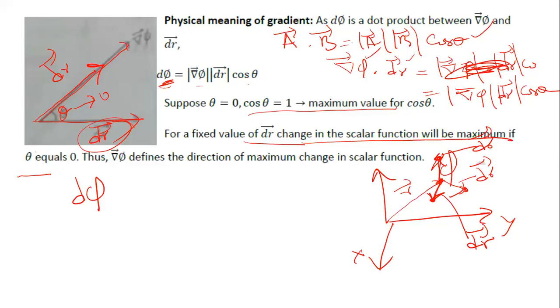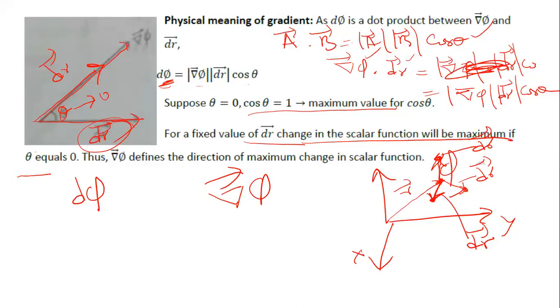So if you choose your dr vector such that it is along the direction of the gradient of the scalar function, then you will find that phi will have maximum change, or it will have a maximum effect on phi values, right?